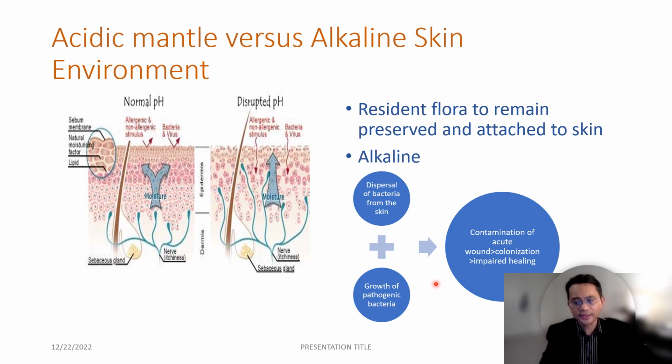This bacterial metabolism would also increase the alkalinity of the environment, which further encourages the growth of other pathogenic bacteria. That is extremely important: we need an acidic mantle on the skin versus an alkaline skin environment.